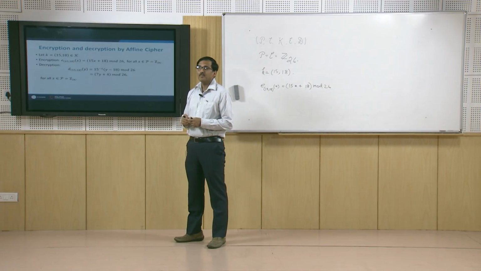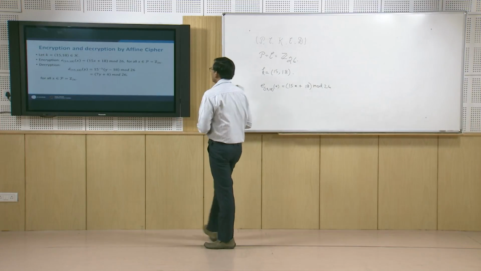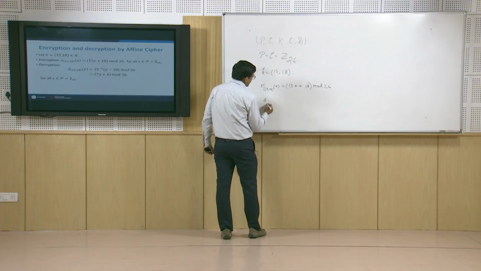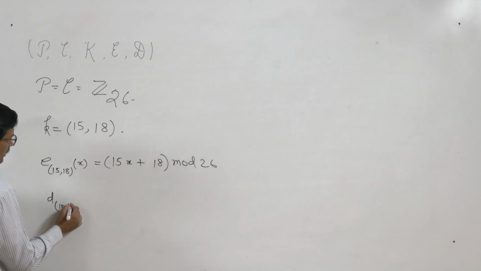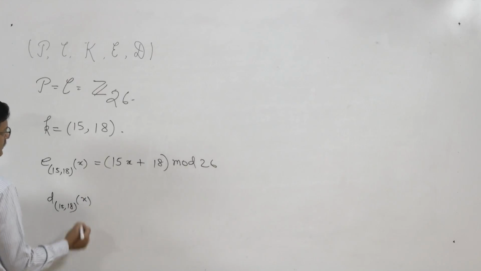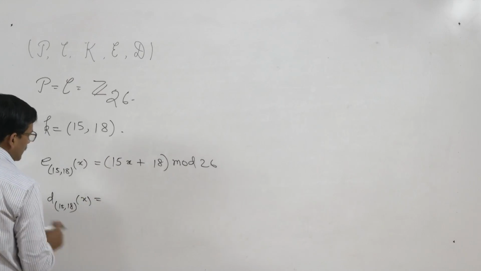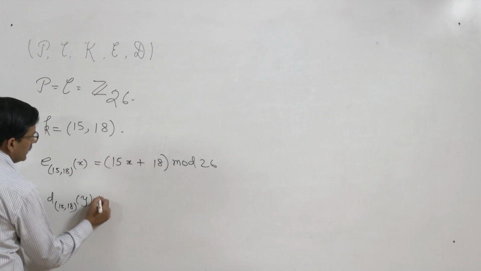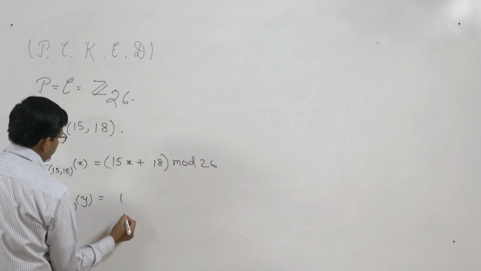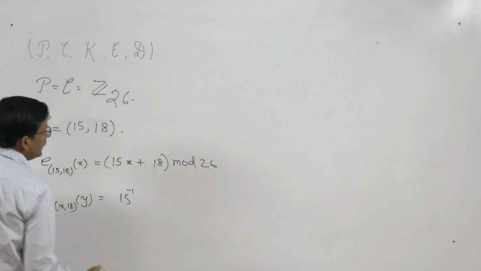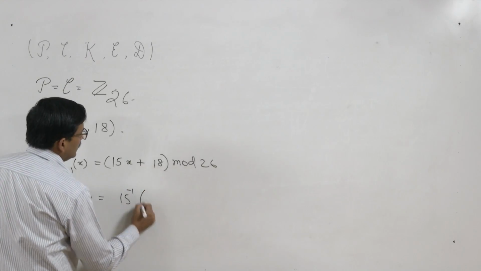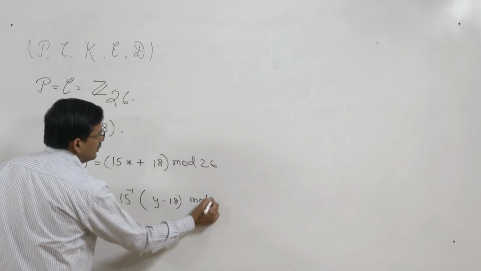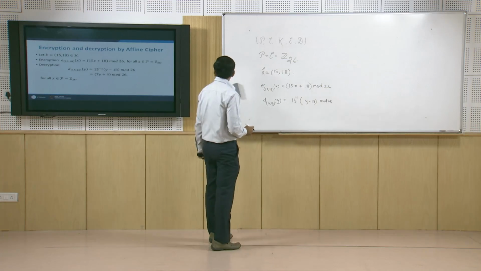Now, let us try to compute the decryption function. The decryption function is going to be D 15,18 of y. Sorry, I write y here for the ciphertext, y, which is going to be 15 inverse into (y minus 18) mod 26.